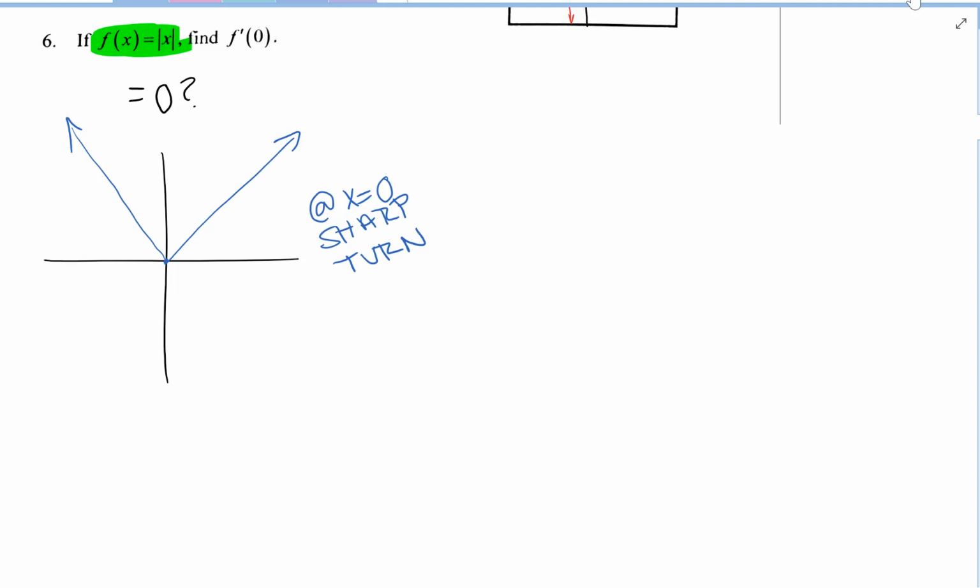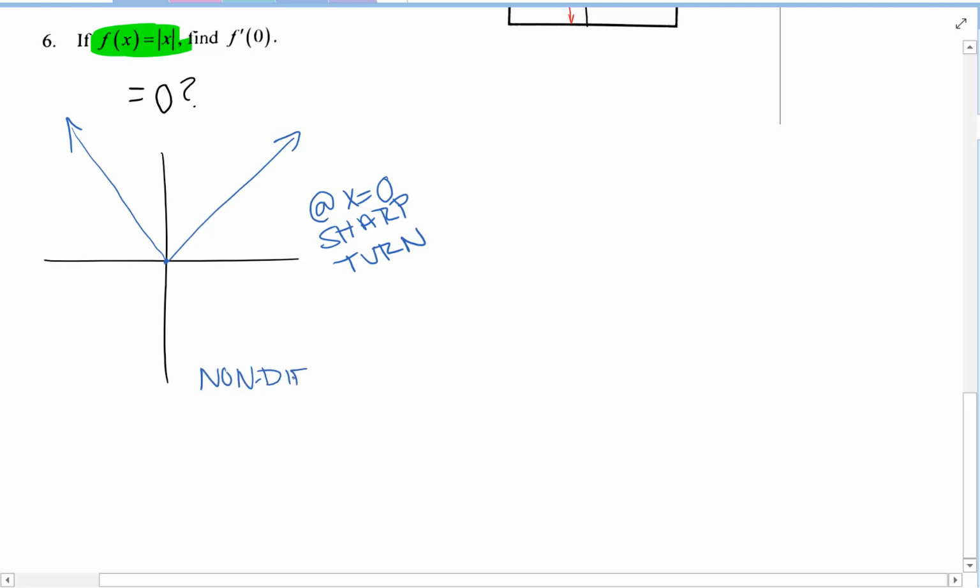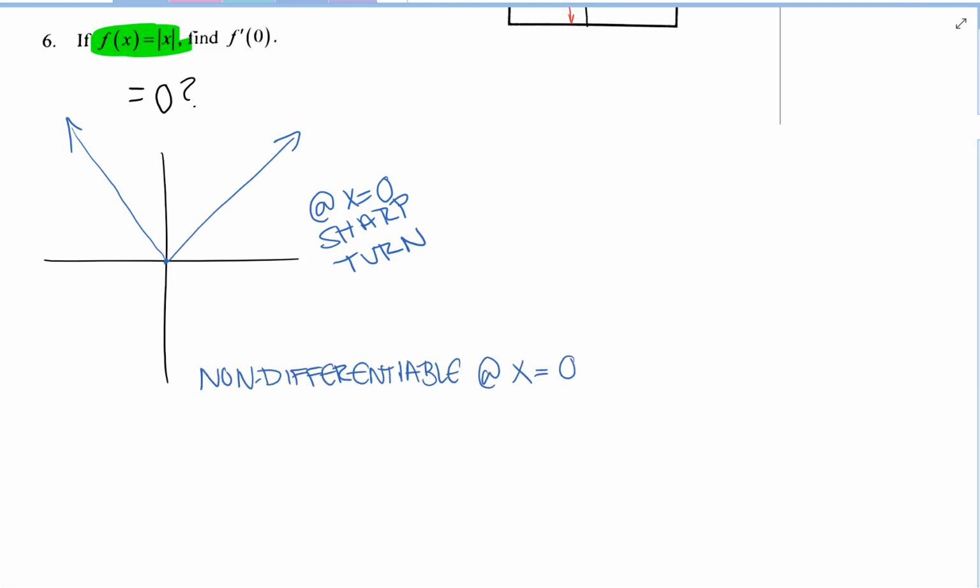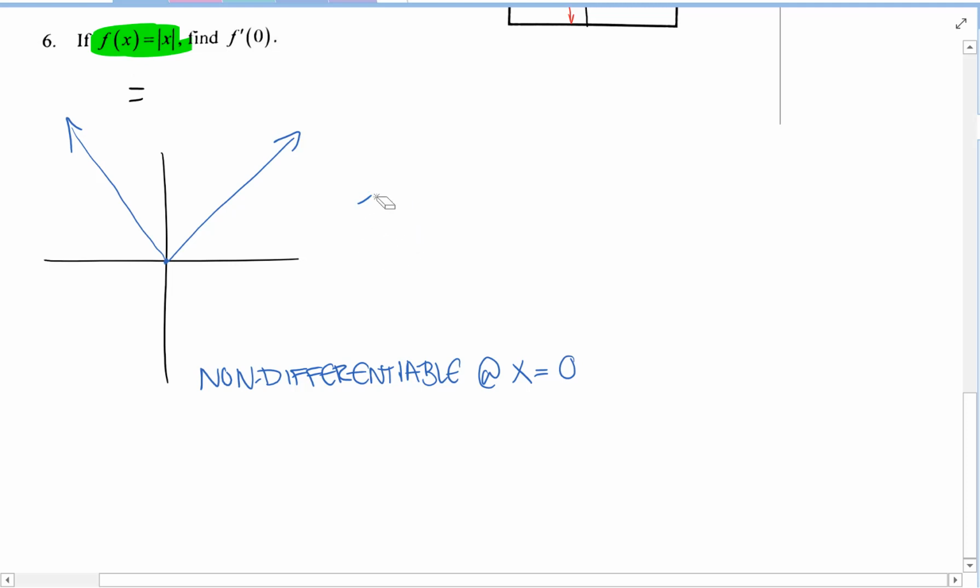So in this case, even though this function is not differentiable at x equals 0, the calculator does make a mistake and give you a value. What is the value at x equals 0 of the derivative? Well, when it's not differentiable at that value, then your answer would be undefined.